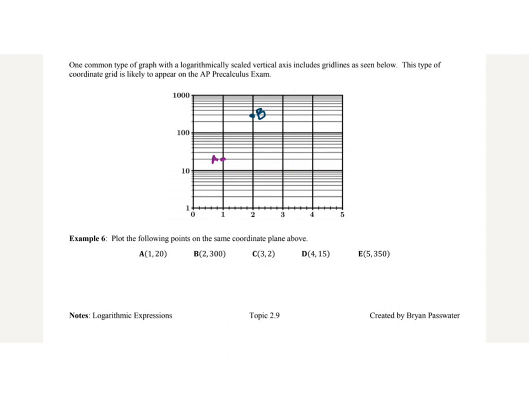Each point after that counts up by 100. It's scaled differently, right? So each point after 1 counts by 1s. Each vertical line or horizontal line after 10 counts by 10s. Each horizontal line after 10 counts by 100.